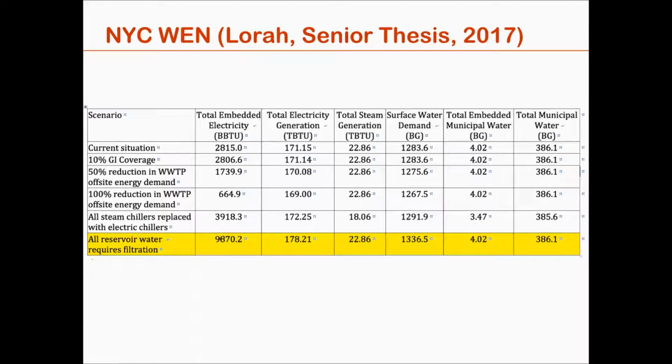It will almost quadruple it to about 10,000 BTUs, and it will increase the fraction of the electricity that's used for water and wastewater from 1% to almost 4 to 5% in this case.